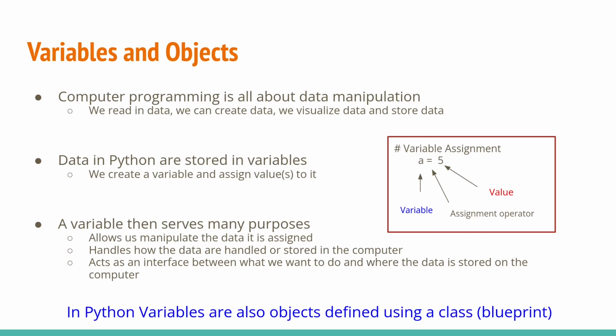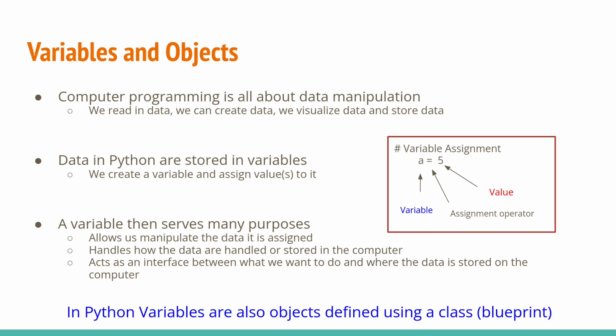Each 0 or 1 is a bit, and 8 bits is a byte. So when we talk about megabytes, gigabytes, that's what we are referring to. And so it tells us how many bytes of data are needed for a to store this value 5. In other words, a variable acts as an interface between us and the computer in making sure that it'll end up doing what we want to do.